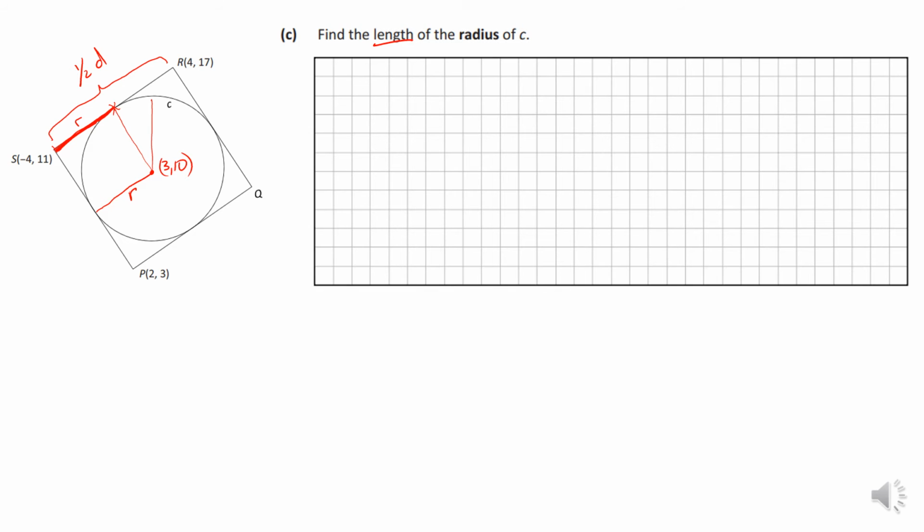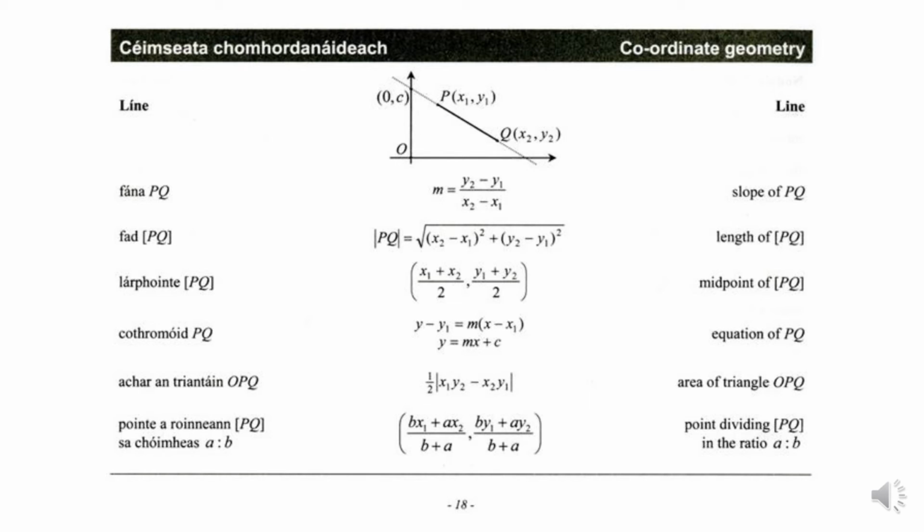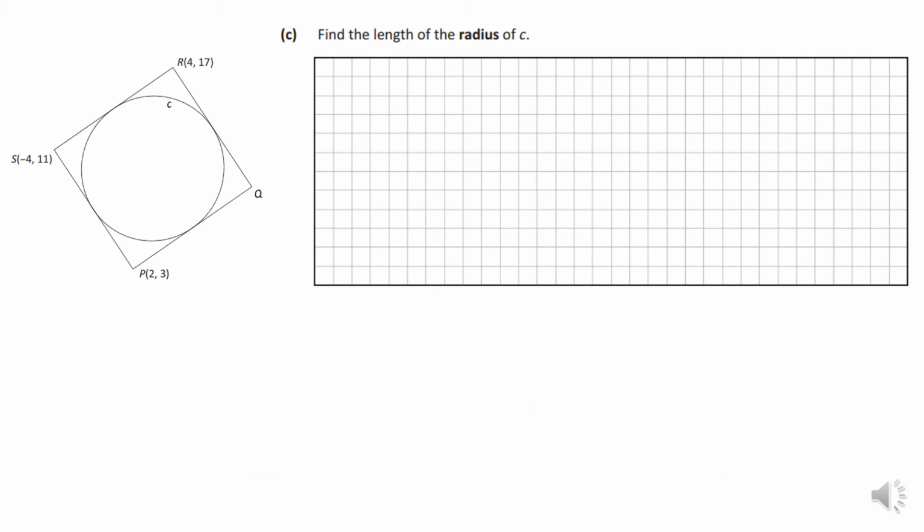Okay, so I've used the word distance and length. Alright, so we're going to use the distance formula. Let's remind ourselves of that. So again, we're on coordinate geometry pages, the line, and here we have the word length. We're looking at the length of a line. This is the distance formula we might use.